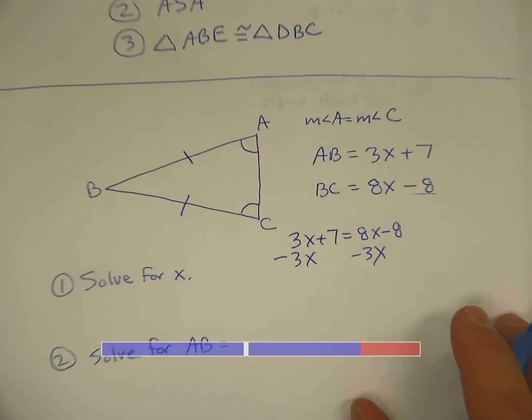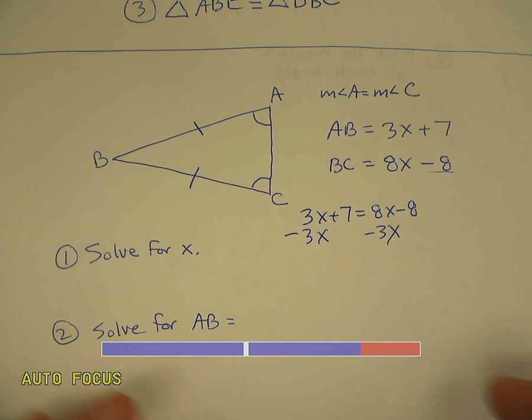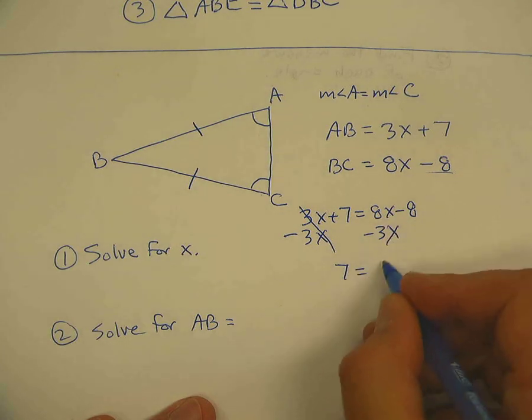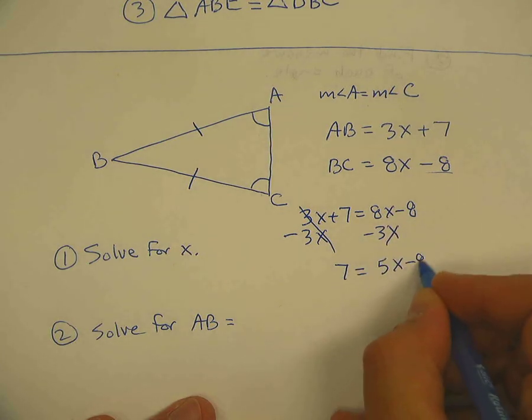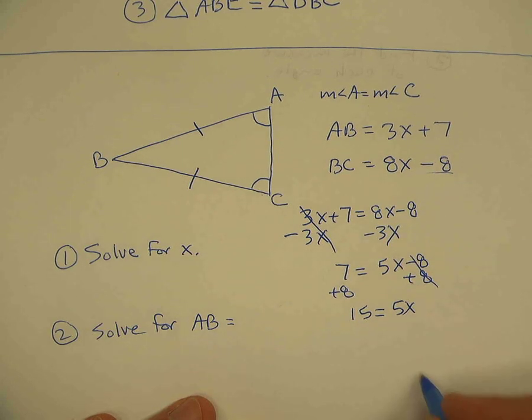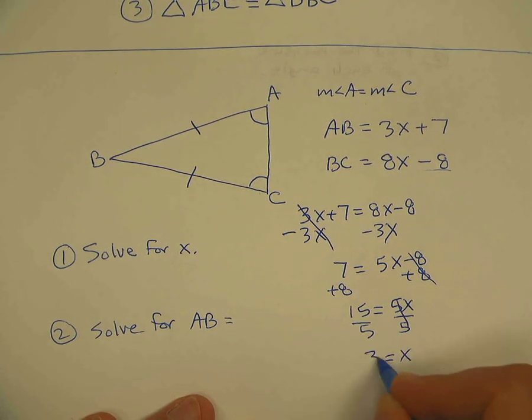I'm going to zoom up just a little bit so you can see better here. Oh, there we go. So subtract 3x over here, and I get 7. And this becomes 5x minus 8. I'm going to add 8 to each side here. So I'm left with 5x equals 15. Divide by 5, you get x equals 3.